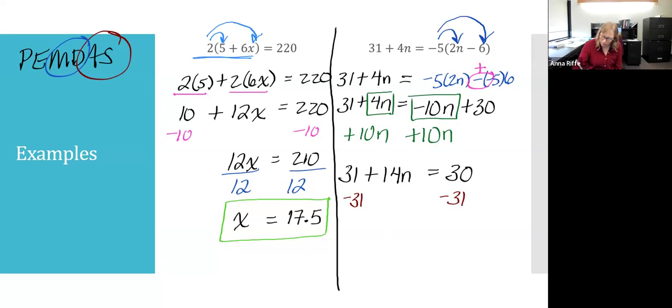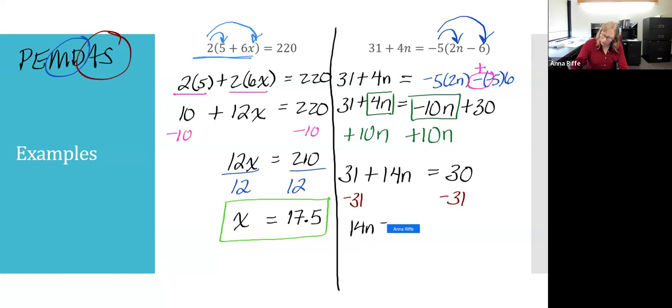Okay, we're awake now. 14n is equal to -1. Okay, we're almost done with this, and then I'm going to try my normal method again, because this is not working very well.